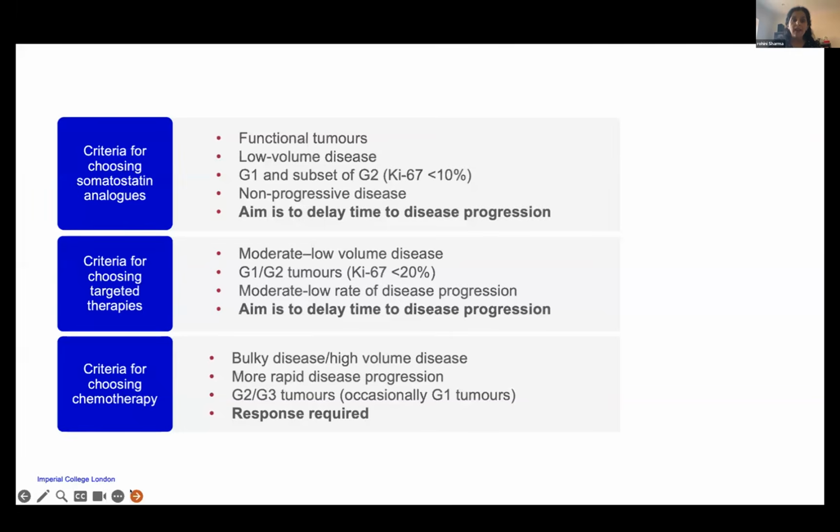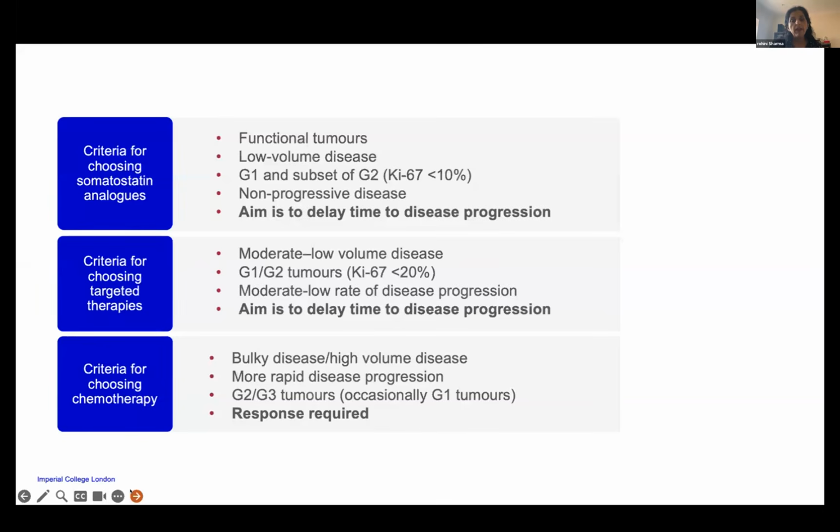When we're thinking about targeted therapies, those patients I would consider someone with low to moderate volume disease, grade 1 or grade 2 tumors, and your aim is to try and delay the disease progression. So these are patients who already have disease progression, and what we're trying to do now is to slow that progression.